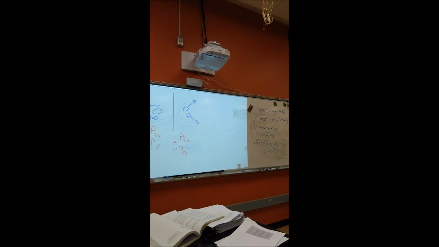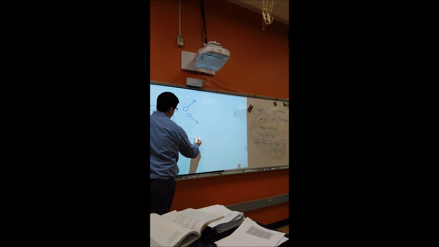So what does that mean? Well, initially we have a momentum of 0 vertically and some momentum horizontally. So this is equal to 0 and this is equal to mv. That means that this is equal to mv and this is equal to 0.